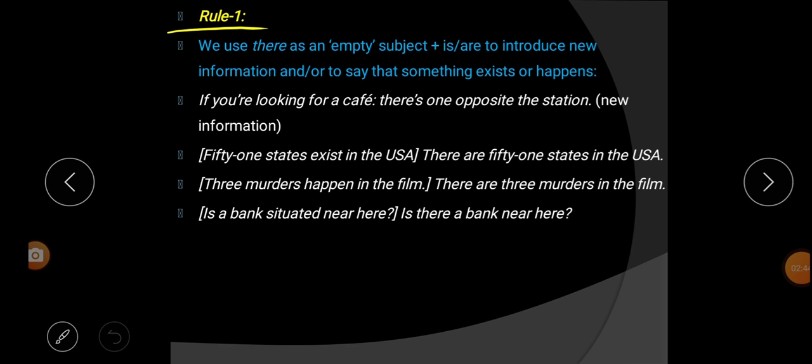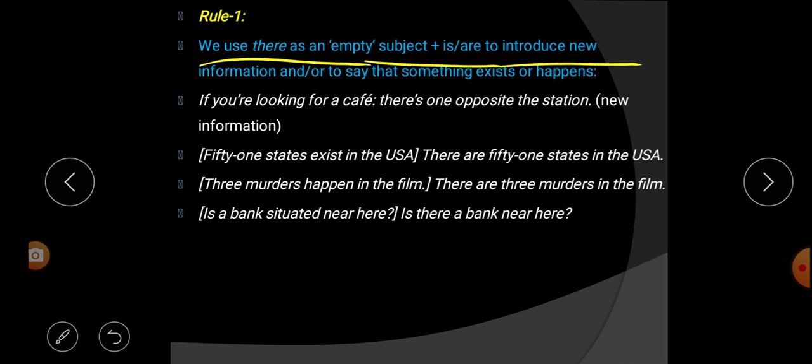Rule number 1, that is, how to introduce there or how to use there. We use there as an empty subject plus is or are to introduce new information and to say that something exists or happens. What is rule number 1?